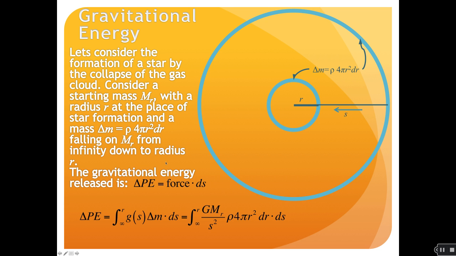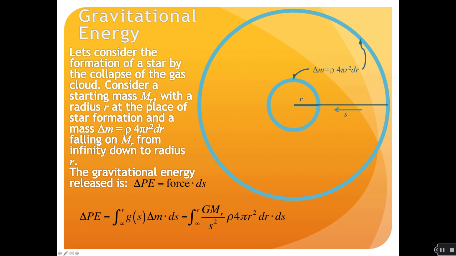So we know that the gravitational energy released is just the work done, right? Or the opposite of the work done. And so it's the force times the distance. And in this case, it's this distance s, so it's the change in distance this way. And the force is just given by mass times acceleration, F equals ma. So here we have the acceleration, which is a function of the distance s, and we have the mass, which is this delta m.